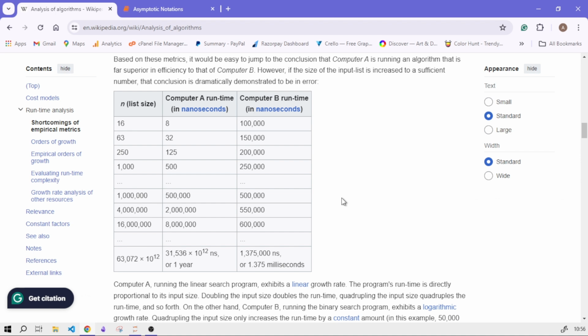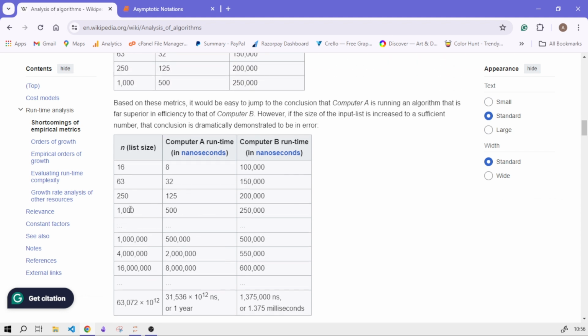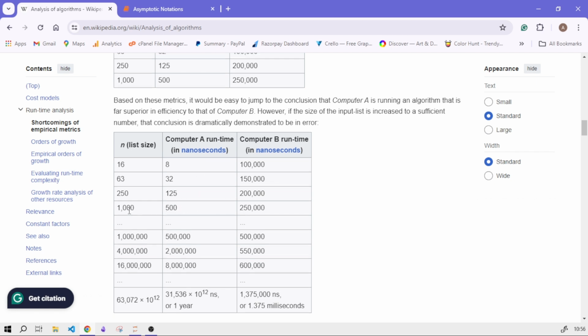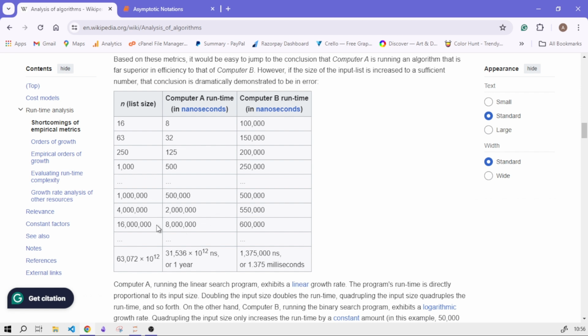Now, another way to do analysis of an algorithm is to test it on multiple input sizes, but it is not going to take into account all the input sizes that you have not tested, so that is also not a good idea. If you have tested your program only up to 1000 input sizes, then you'll just say that the algorithm on computer A is better than on computer B. But you have not tested for other input sizes, so you won't be able to figure out which algorithm was better.